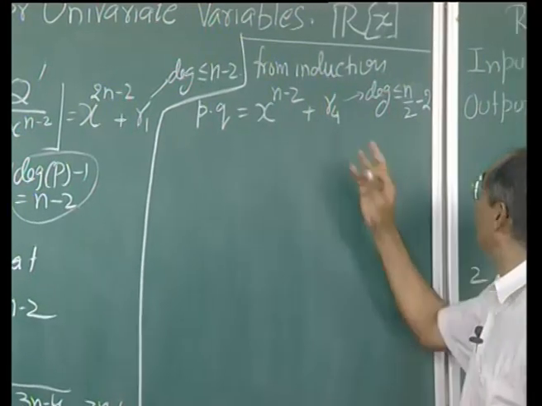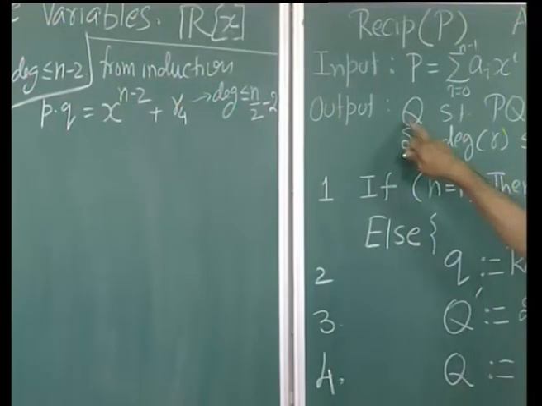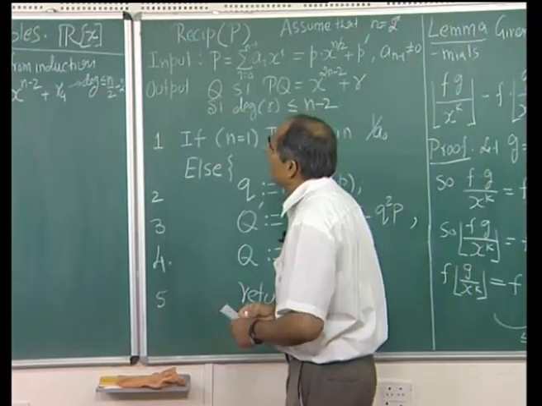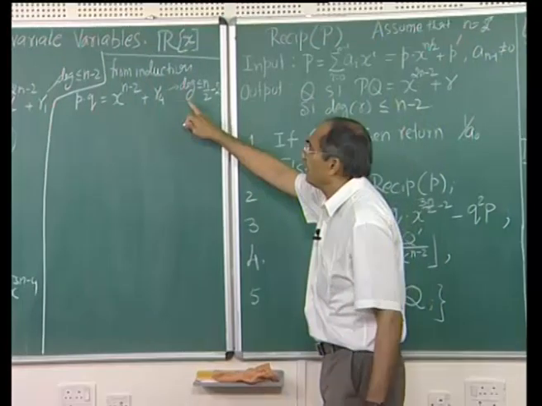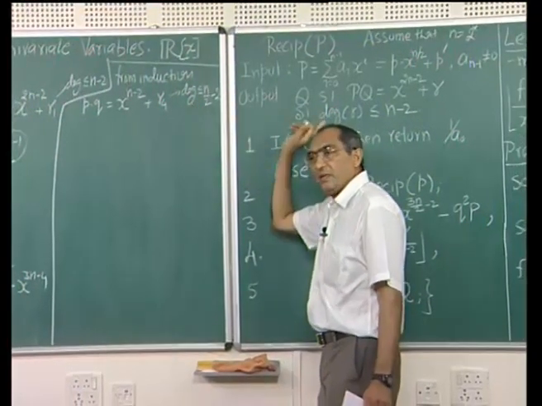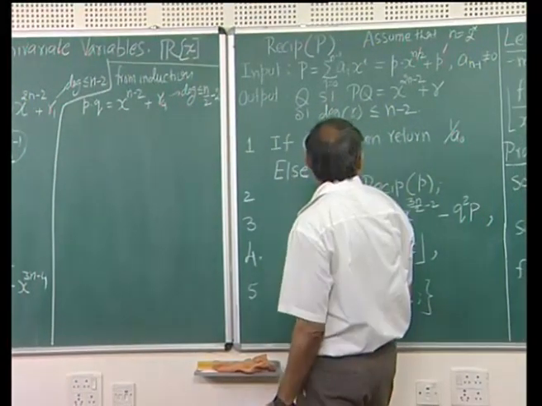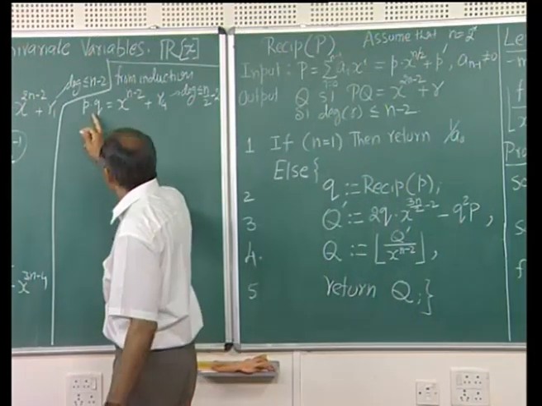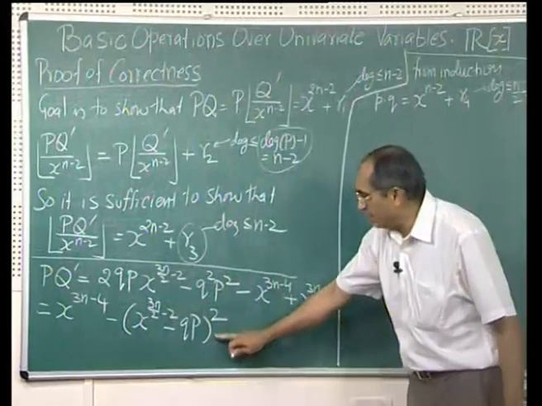This is precisely what capital P and capital Q should satisfy. The only difference is now we are dealing with degree n by 2 minus 1 instead of n minus 1. Okay. So, let us use this in our expression.